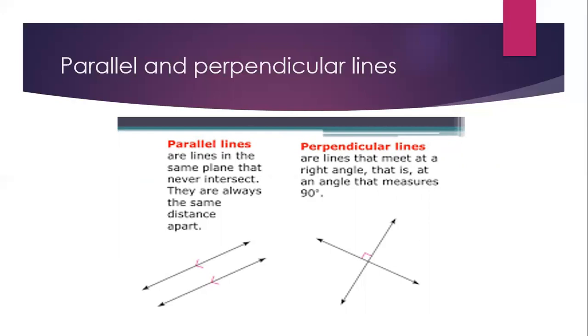If you are in the right lane, you shouldn't be in the left lane. If you're in both lanes, that's a problem, right? People who are in both lanes, that creates car accidents. So either you're in the left lane or you're in the right lane. These are parallel to each other. They never intersect.